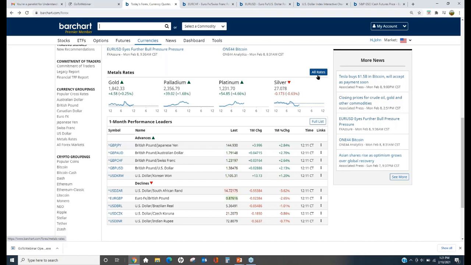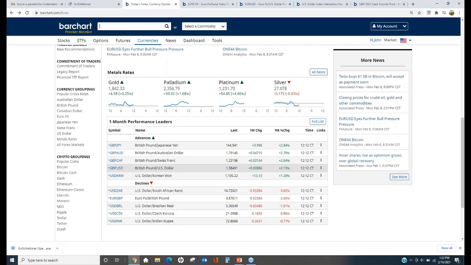And then below there, we have 1 month performance leaders. Again, a way to look at maybe a little bit of shorter term trends, some trading ideas. Now, notice that our 1 month leaders, the ones that are advancing, we have the British pound. So here you can see some ideas that, hey, the British pound is one of those currencies that is strengthening not only against the US dollar, but against a lot of other currencies.